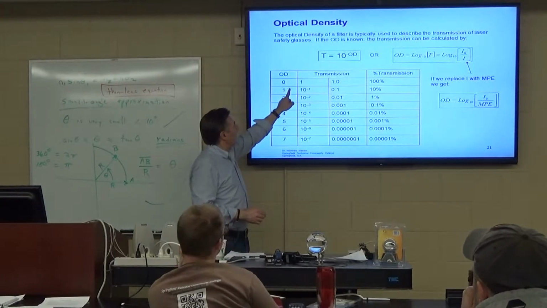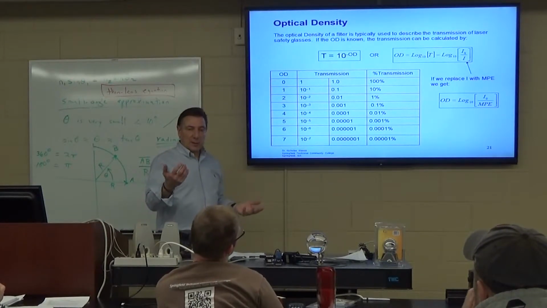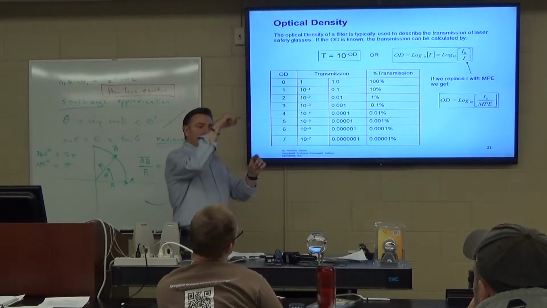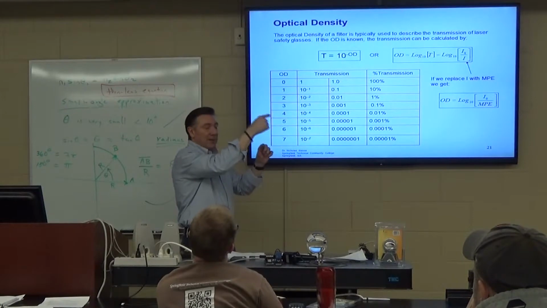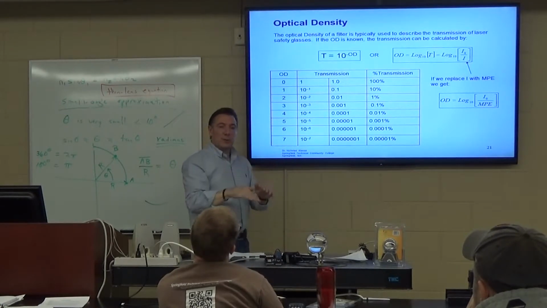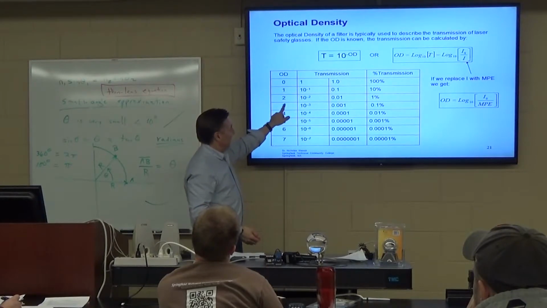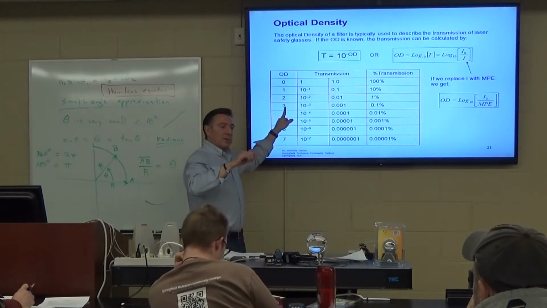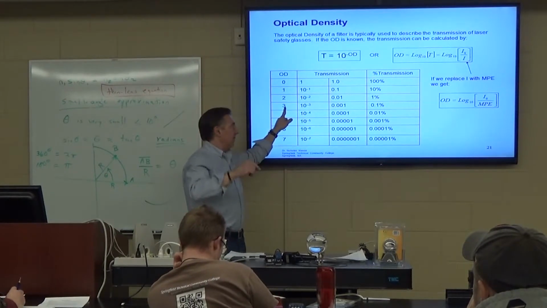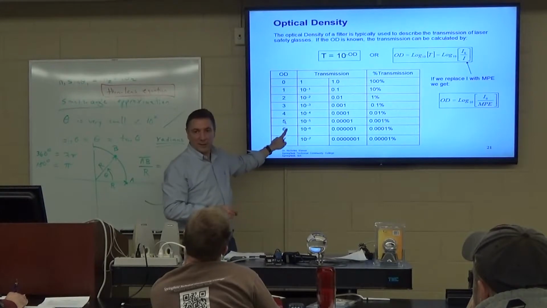OD 0, 1, 2, all the way up to whatever, means if I raise 10 to that power, that tells you how much it's going to knock the light down by. So if I have a goggle with an OD of 3, those goggles will knock the power down by a factor of 10 to the third, or 10 to the fourth, or 10 to the fifth, or 10 to the sixth.